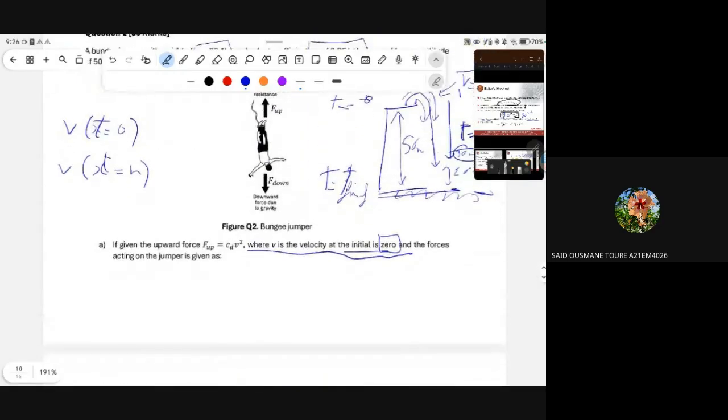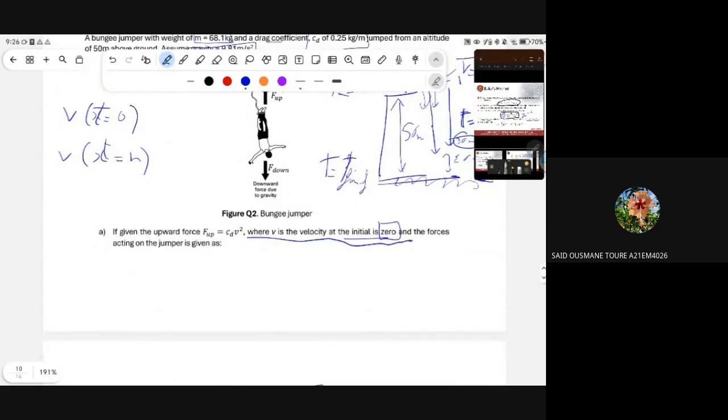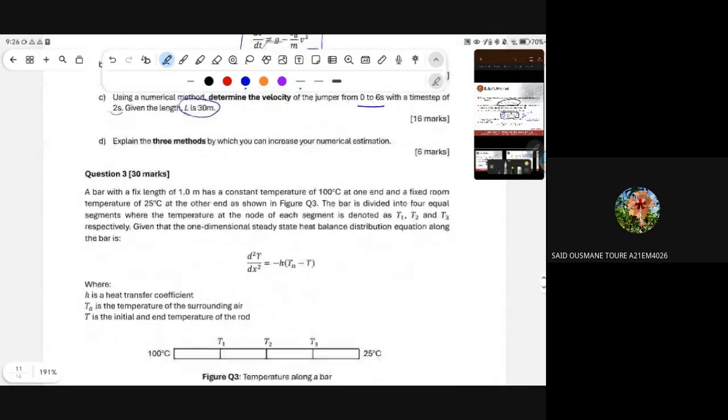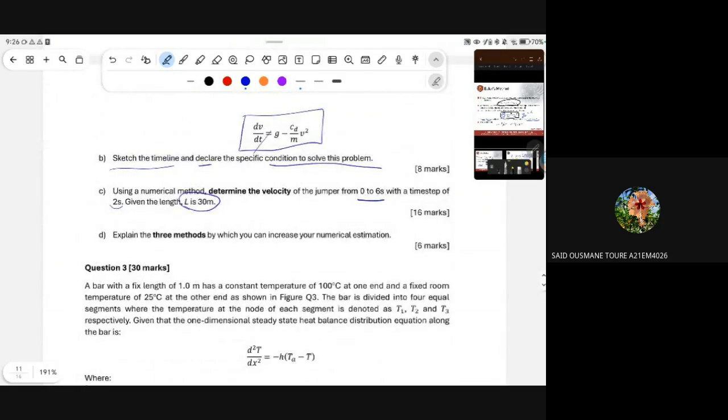And we know that at v0, t equals 0. We can also put v0 at L equals 0, and then v at L equals 30 meters. You choose. But since here they mention specifically a time step of 2 seconds, it's clear now what you should go with.